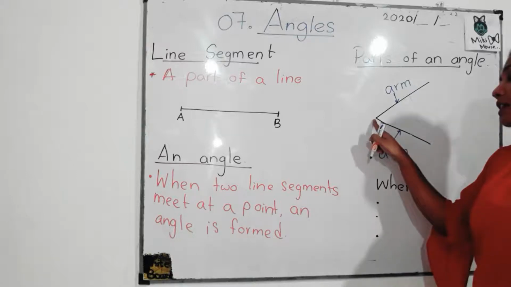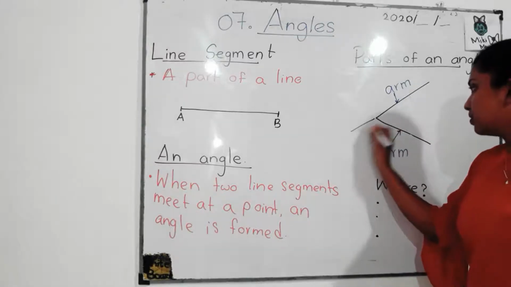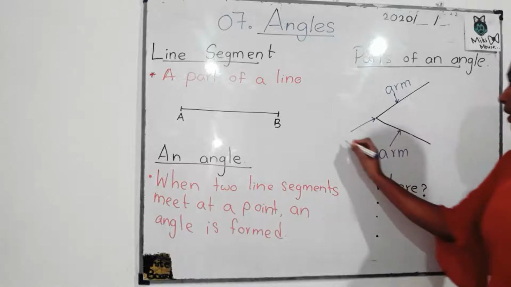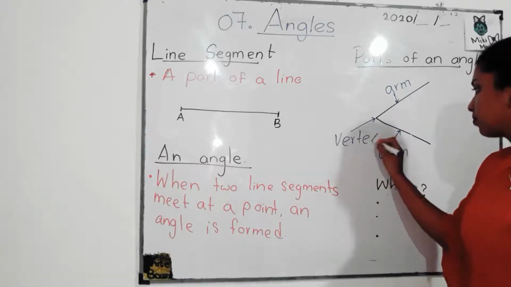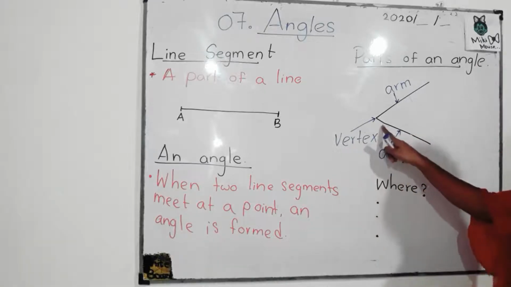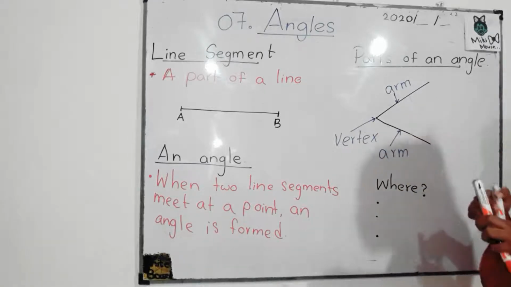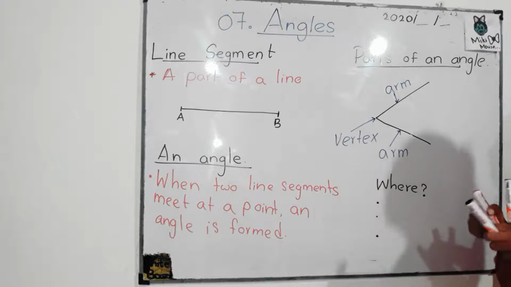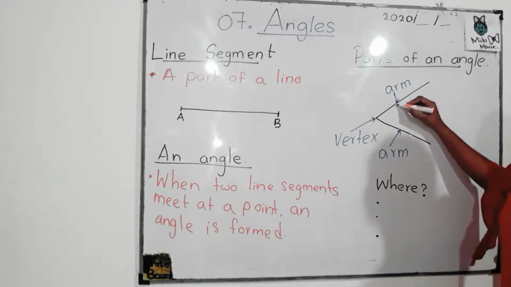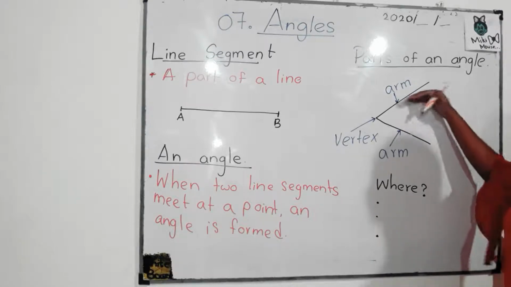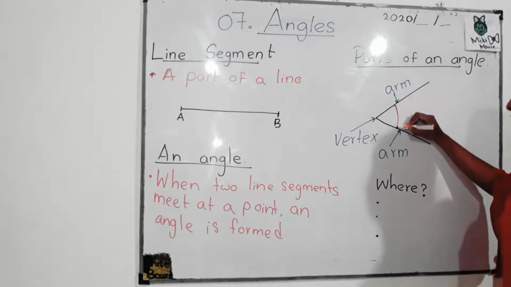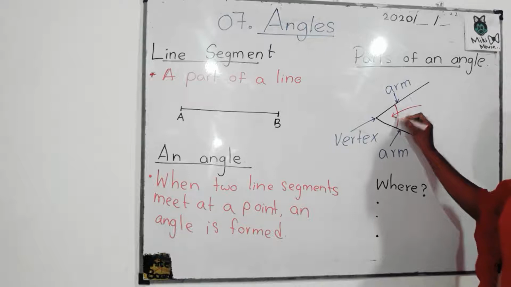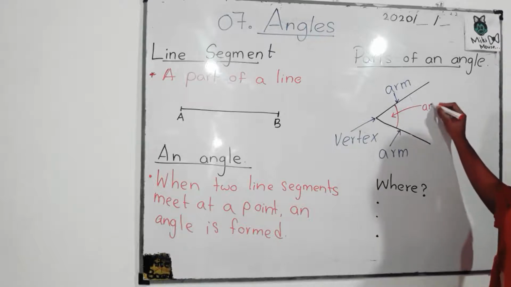And this intersecting point is called the vertex of this angle. So where's the angle? The angle is the space between these two arms. This space, this area, is called the angle.